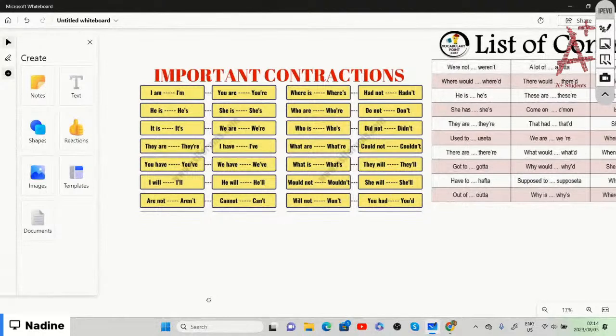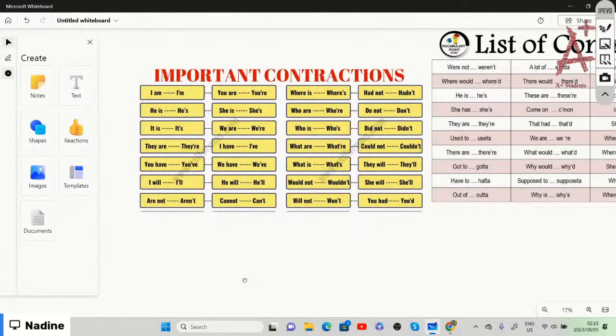So contractions are the shortened words that we use on a daily basis, whether it is once a day, but you'll eventually use it, whether in conversation or answering someone or responding to something.